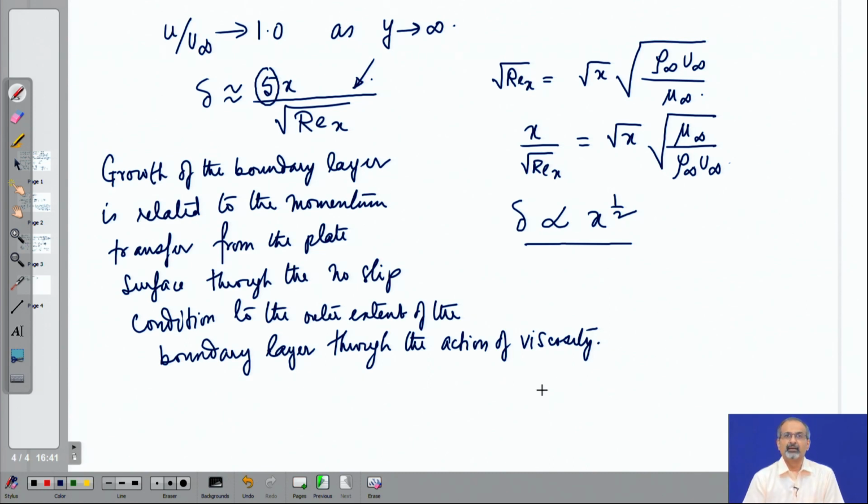That is why, as we move down the length of the plate, we see more and more momentum diffusion and therefore, growth of the boundary layer.